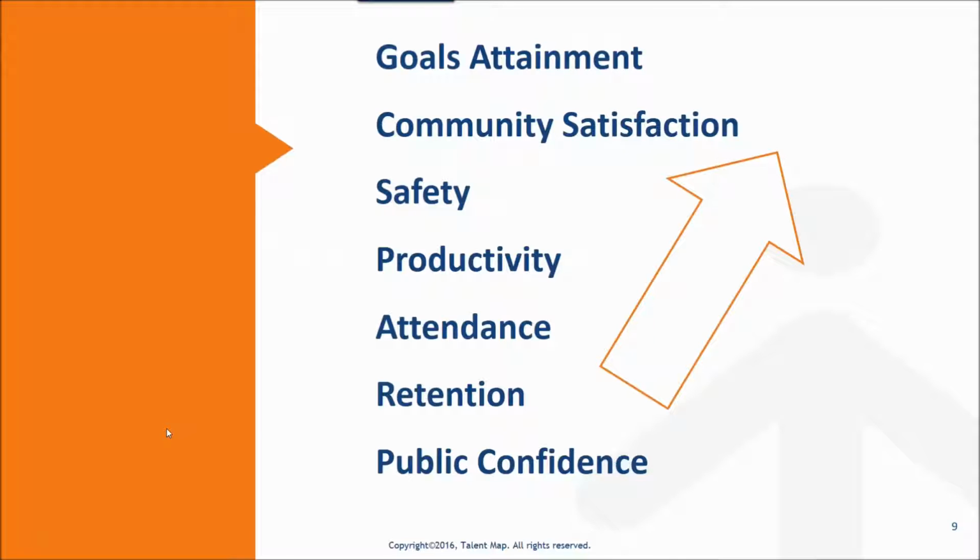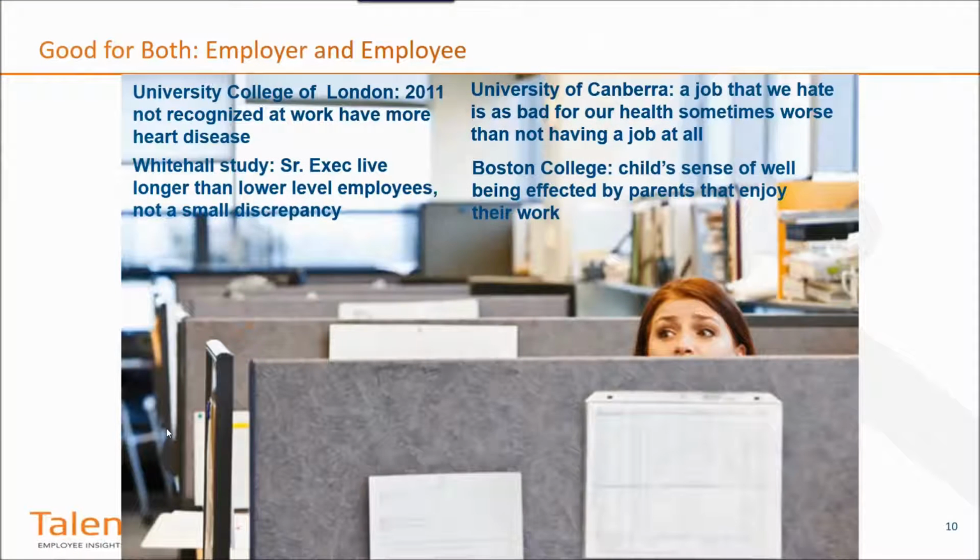So almost no matter which way you cut it, engagement has a big impact on the business. But probably what's more important, it actually has a big impact on the employee too. I'm not going to go through these studies. I touch on them every once in a while. But needless to say, there's a strong link between engaged employees in the workplace and better health and wellness outcomes.